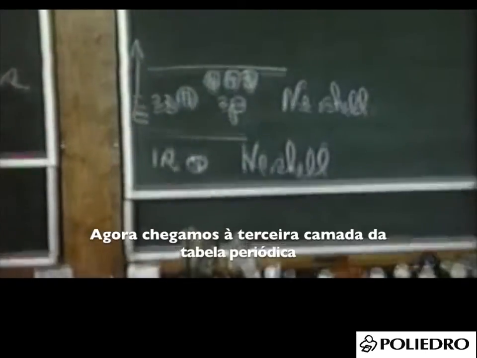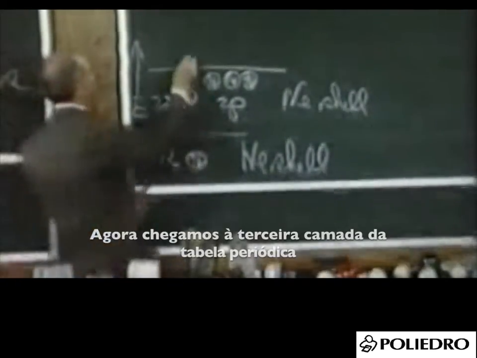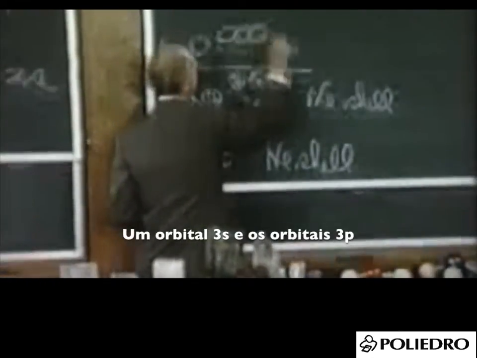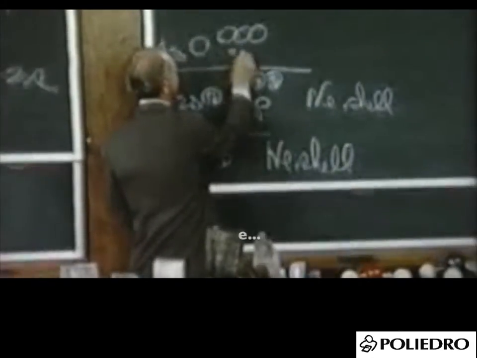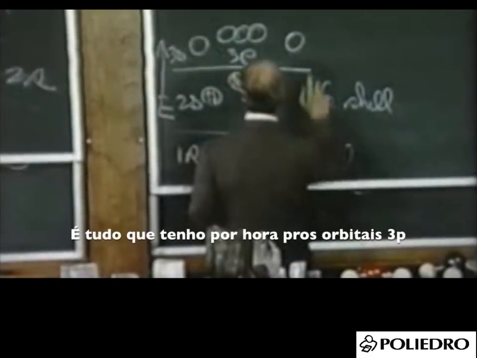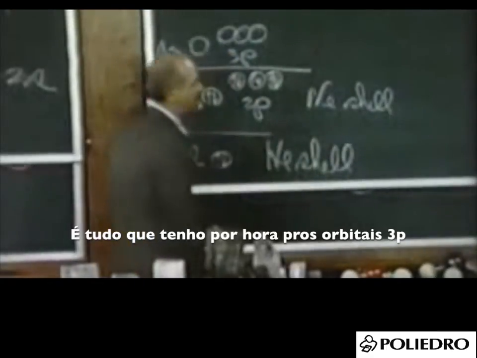Now we come to the third shell in the periodic table, a 3s orbital, 3 3p orbitals.